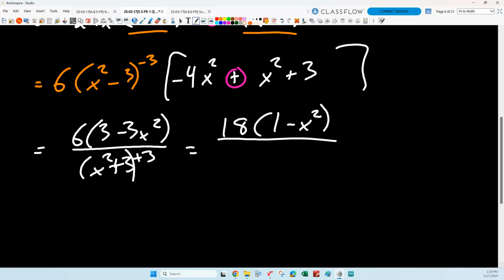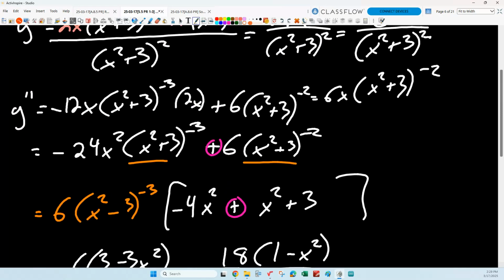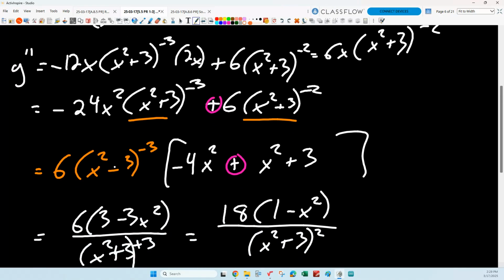Oh, and that's positive 3, isn't it? Okay, so what are my critical numbers of the second derivative? Would be x squared minus 3 for the third. Did I mess that up? Oh, I think I wrote that wrong. That was supposed to be a plus.